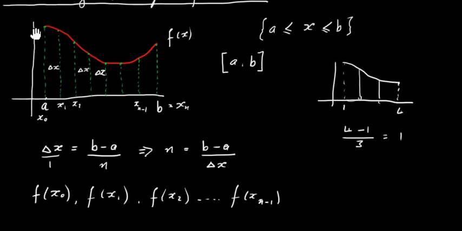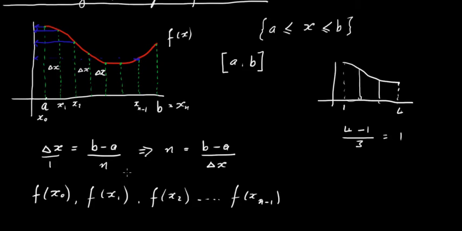This value here will be f of x0. This is x1. Just draw it in here. This here would be f of x0, this here would be f of x1, this here would be f of x2, and so on. And I'm going out as far as here, and you'll see why later on. I'm not going to go out as far as xn, I'm just going to go out as far as here. So if I come over here, then this would be f of xn minus 1.